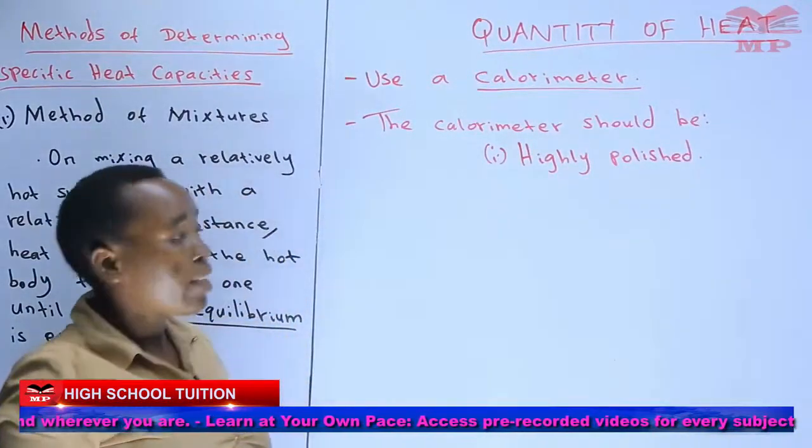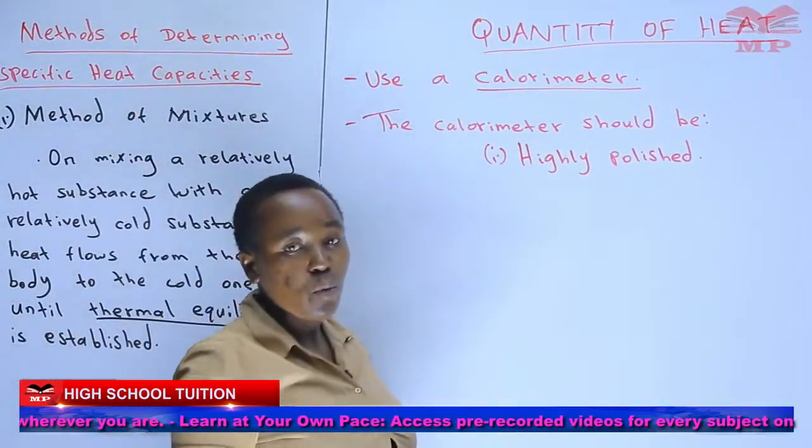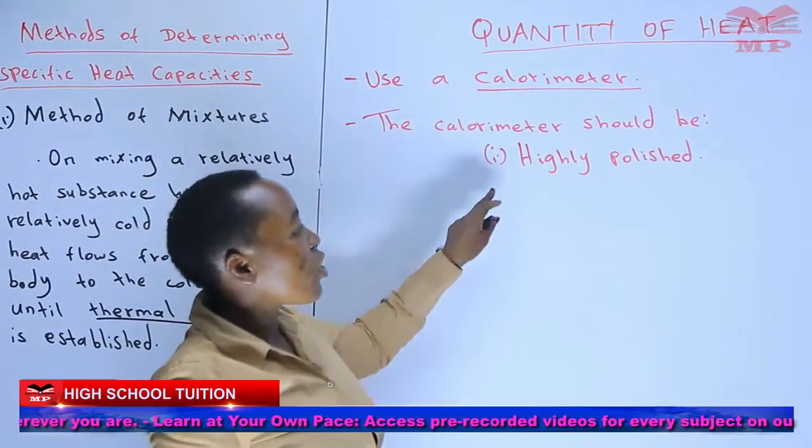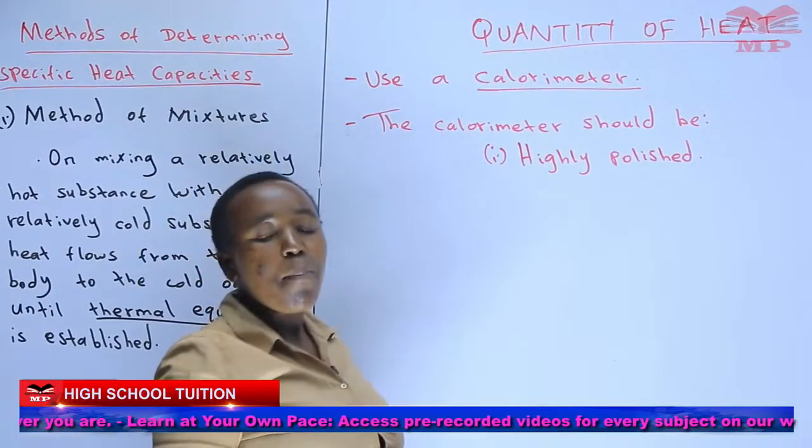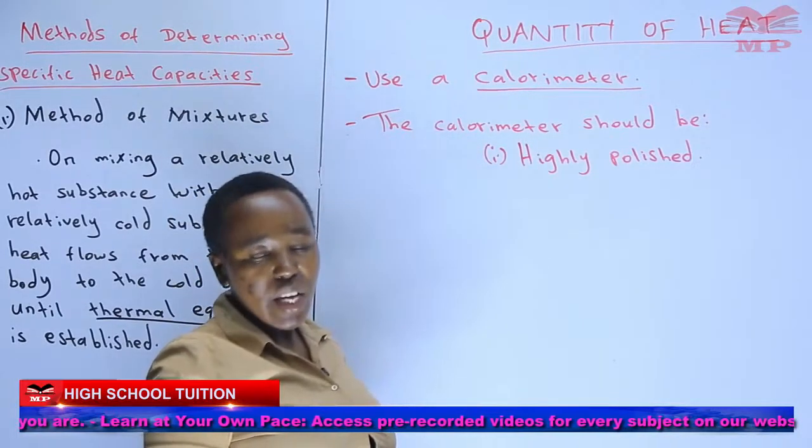Now we learned in heat transfer in Book 2 that shiny surfaces are poor emitters of heat.